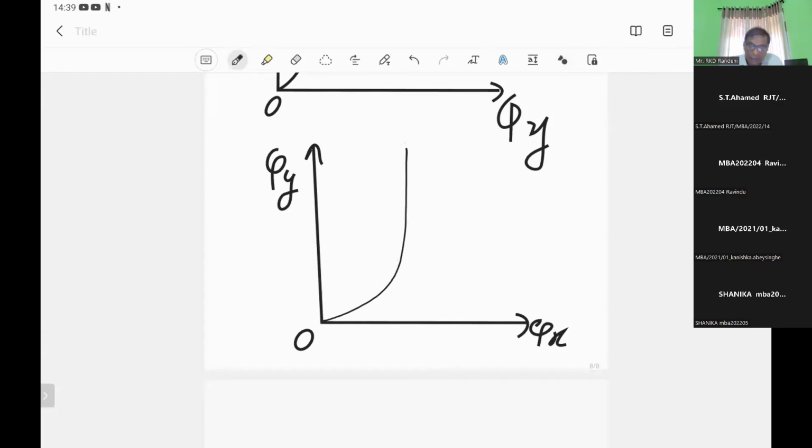Finally it is parallel to the vertical axis. Here good X is needed, that is necessary. Y is luxury, right? Y is luxury. Go to chapter 8. There are very clear details, right?